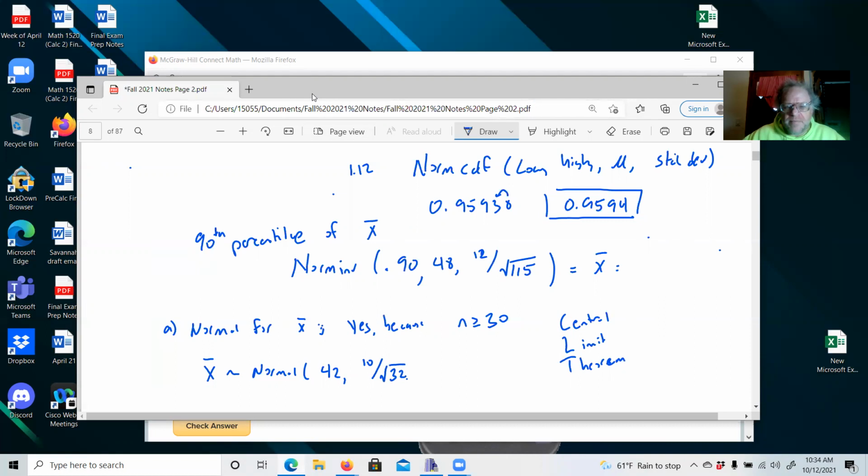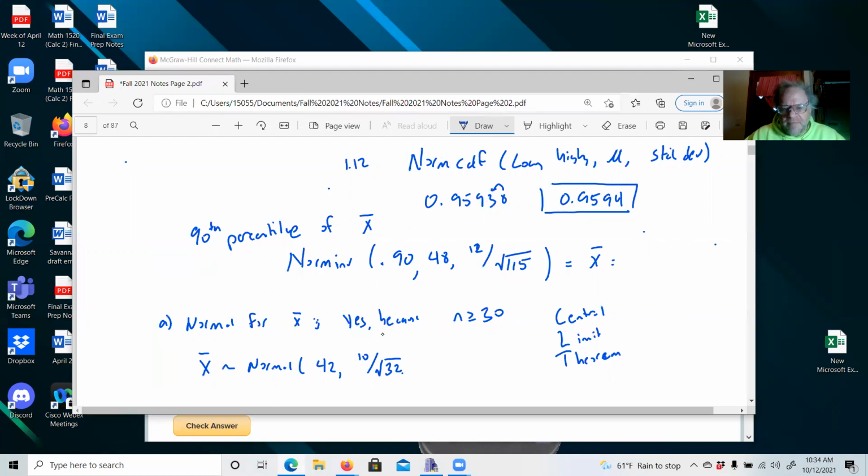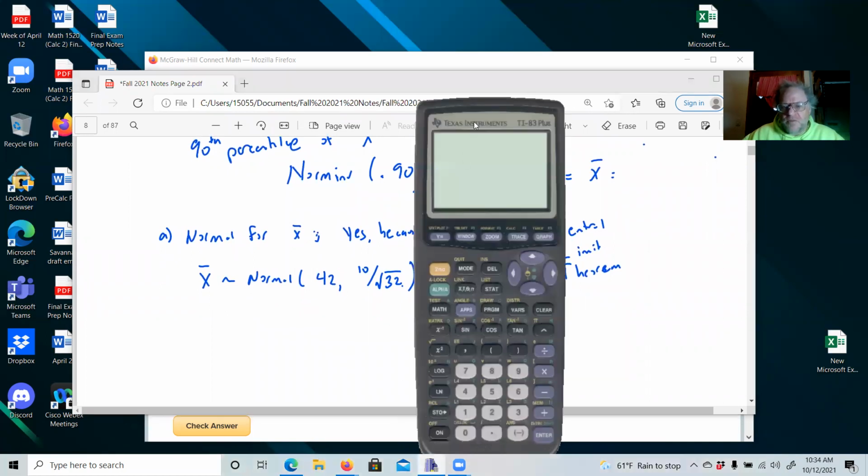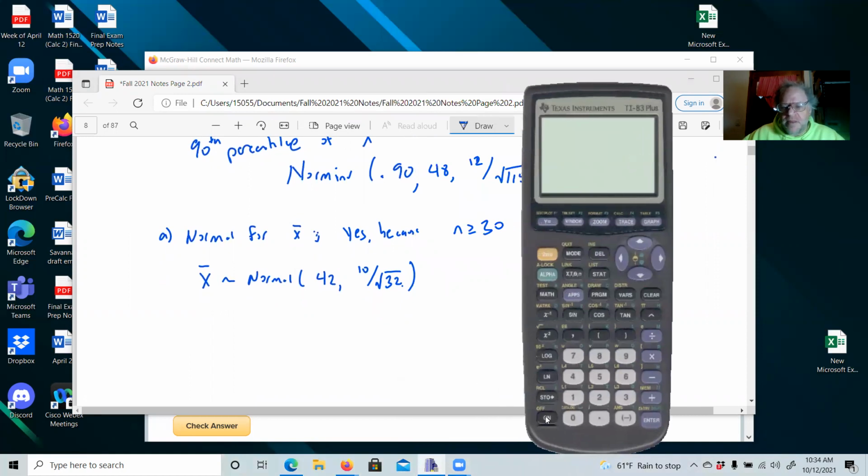Now we can calculate this out, and that's fine. I would recommend at least 4 decimal places, but maybe 3 will be okay. But the calculator will actually do this part for us.